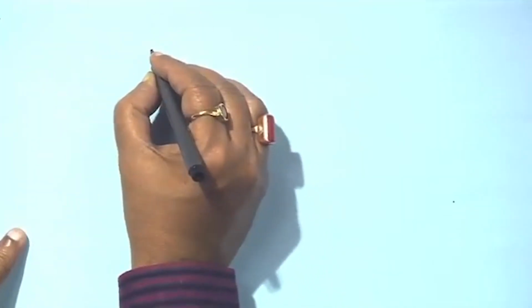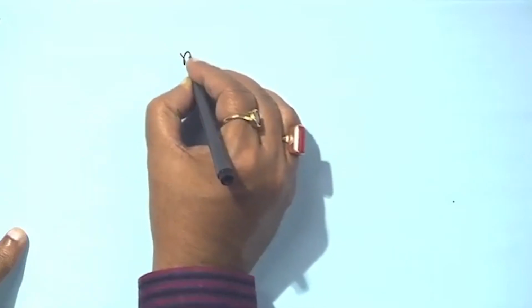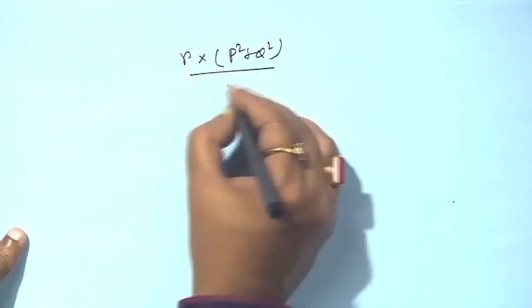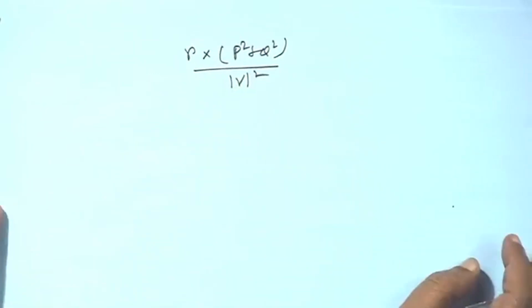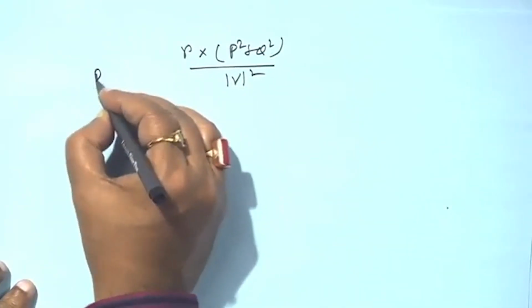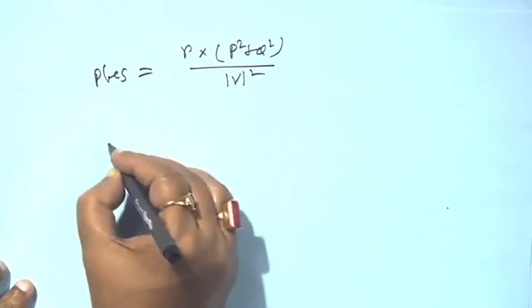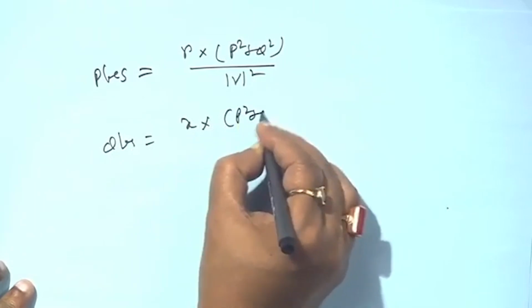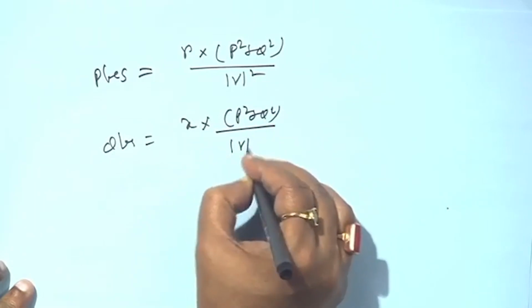And as you know, though not much, it also reduces the power losses. In load flow studies we have seen the power loss equation. In general, P loss is equal to R into P square plus Q square divided by voltage square, and Q loss is equal to X into the same P square plus Q square upon voltage magnitude square.